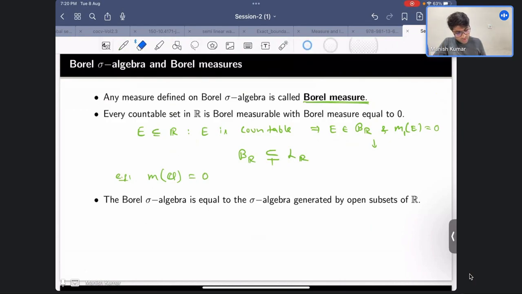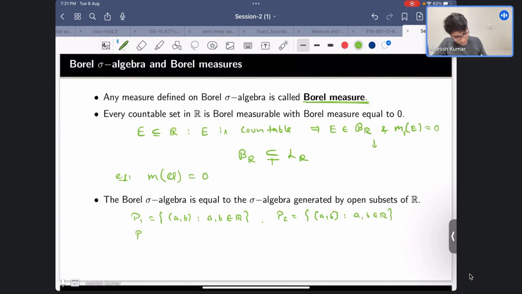So instead of P with this half closed half open interval, you can choose any other type of interval, of the type a infinity. Let me write it this way. Suppose P1 is (a,b) with a, b belonging to R, P2 is, let's say, [a,b] with a, b belonging to R, P3 is (a,infinity) with a belonging to R, and so on.